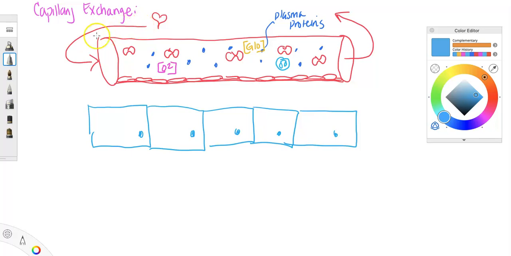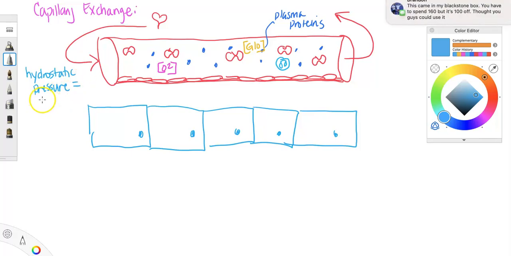First of all, as the blood goes into the capillary bed, the pressure, which we call hydrostatic pressure, which is just blood pressure at the capillary, is equal to 32 millimeters of mercury.